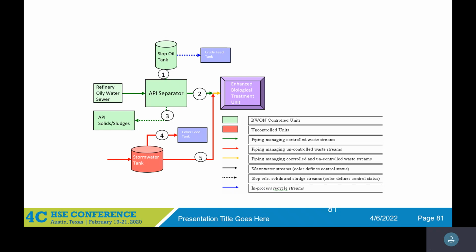If not, they'll ask you for tank changes, especially in this area, right? And they will do a mass balance. 1 plus 2 plus 3 plus 4 plus 5 should equal your benzene concentration, right? So they'll take the flow and then take a sample. Okay? And then obviously they're not going to be the same, but that's what they will do.